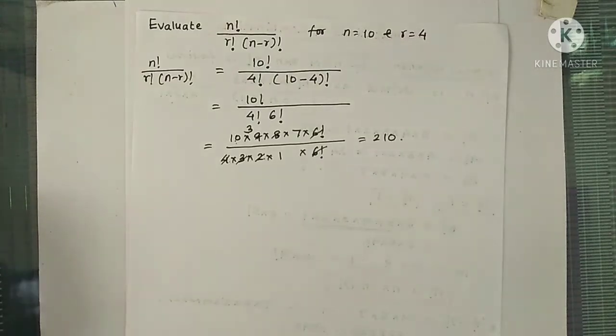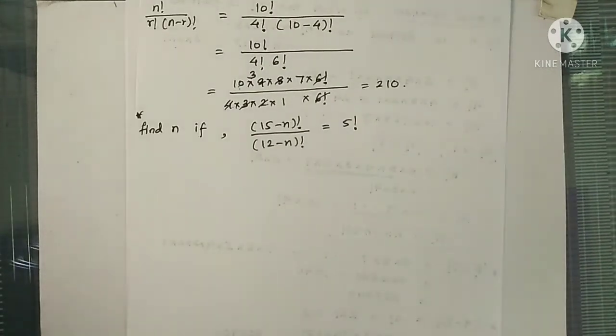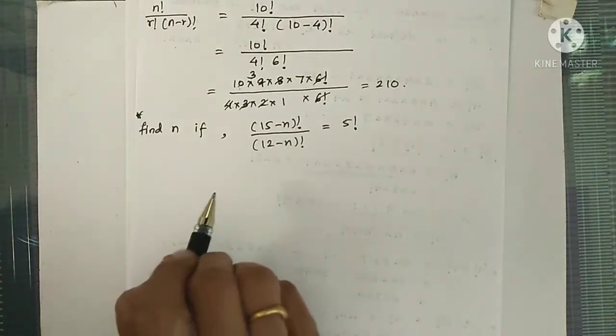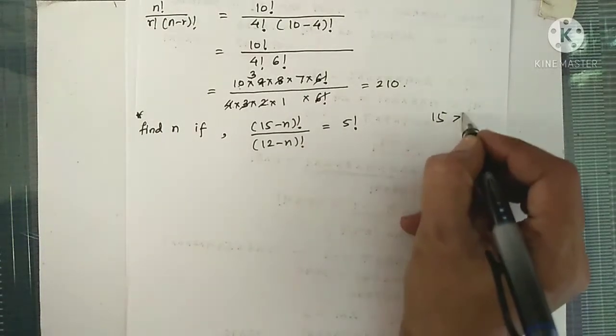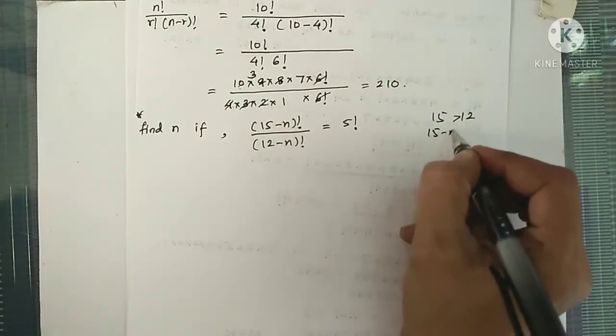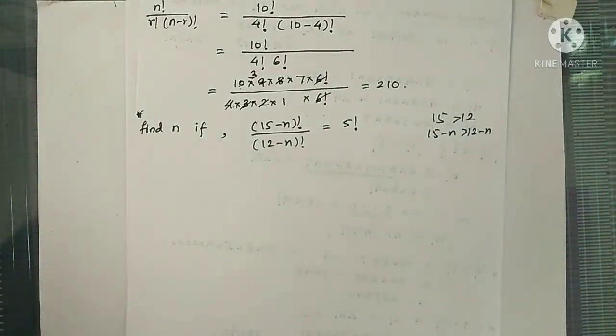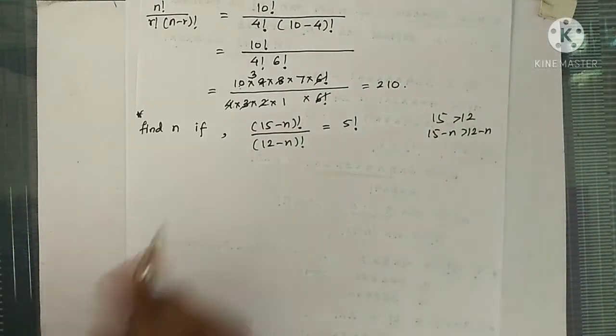Okay. Next one is: find n if 15 minus n factorial divided by 12 minus n factorial equals 5 factorial. Now 15 minus n is greater than 12 minus n, as 15 is greater than 12 and we are subtracting n from both the numbers. So 15 minus n is bigger than 12 minus n.